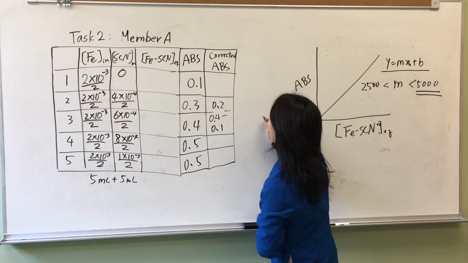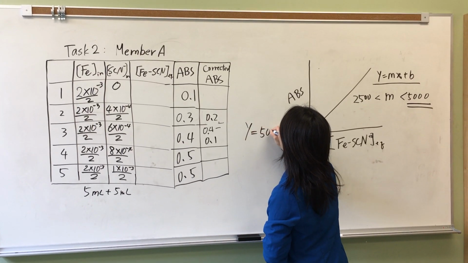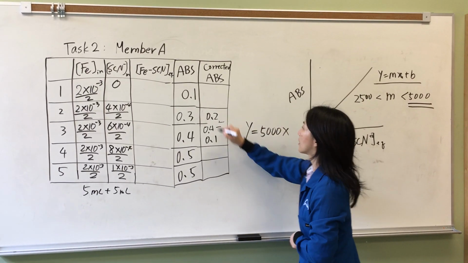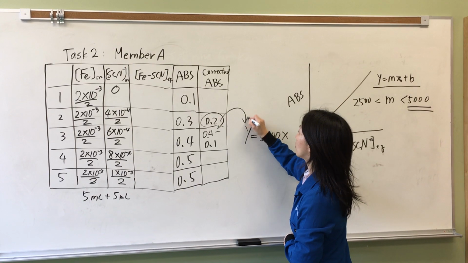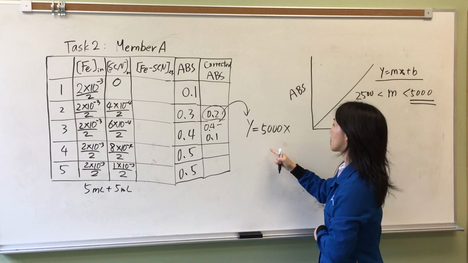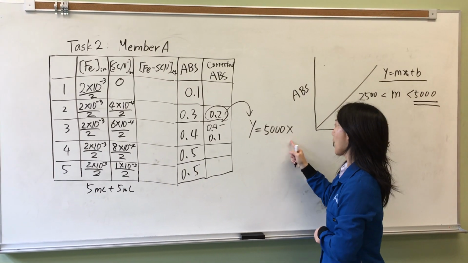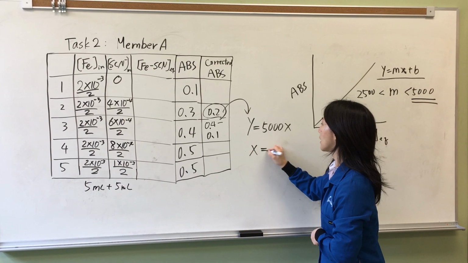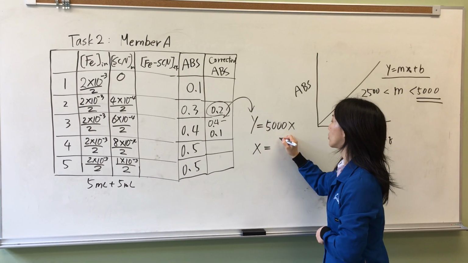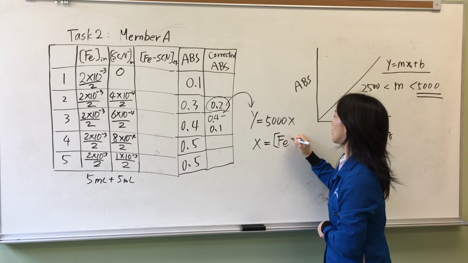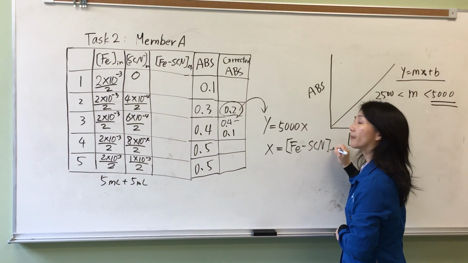Okay? So we're going to plug this absorbance into y, because this is based on Beer's law, and then solve for x. That x is equal to the product concentration.